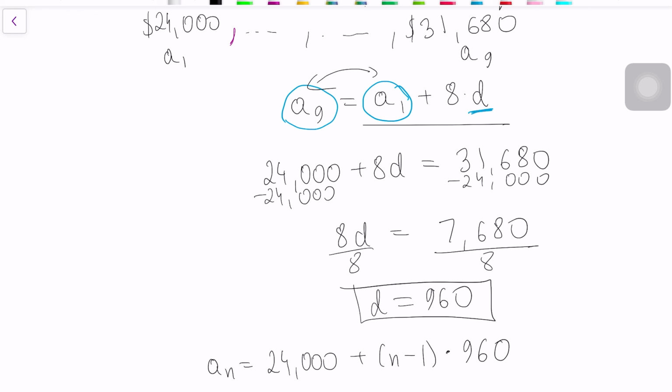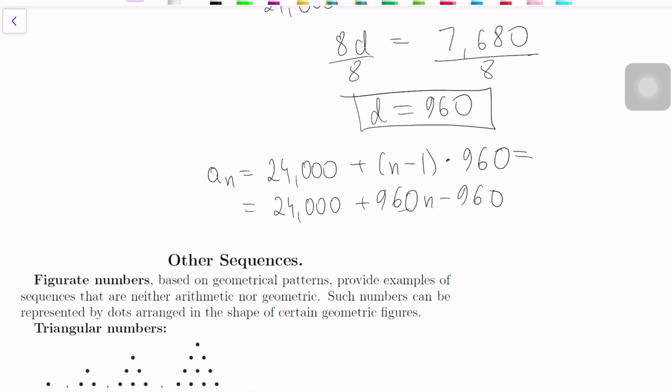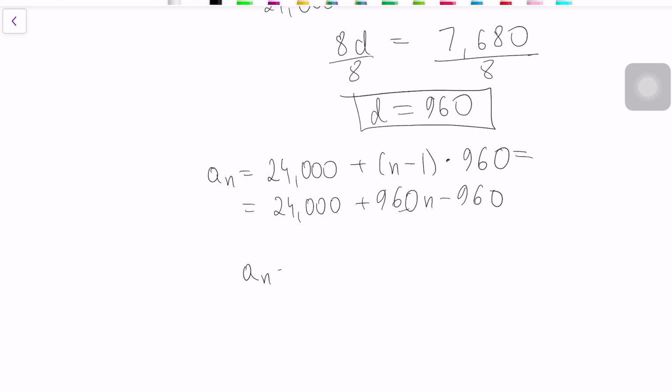For when n was 9, I put 8 times the difference, but in general it is n minus 1 times the difference. So we can come up with a simplified version of the general formula by distributing 960 and then combining like terms. So An is 960n plus 23,040. And you can ask, why do I do that?